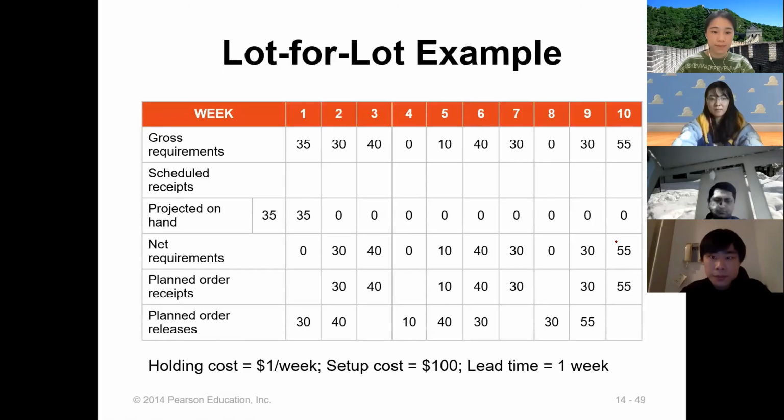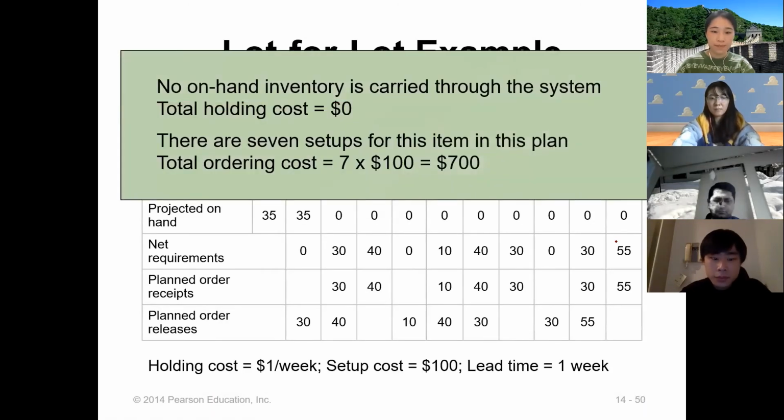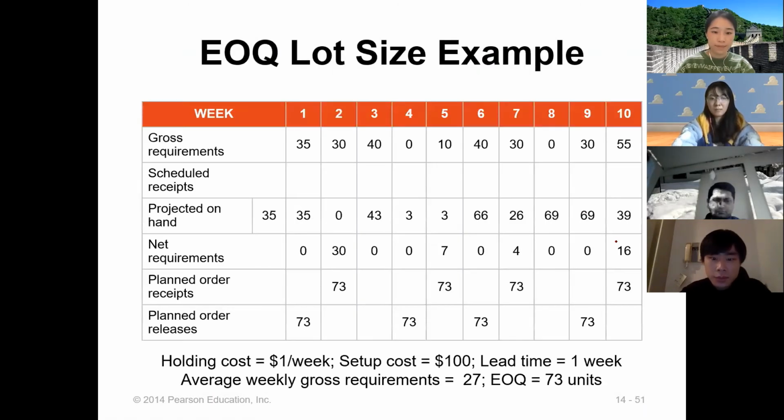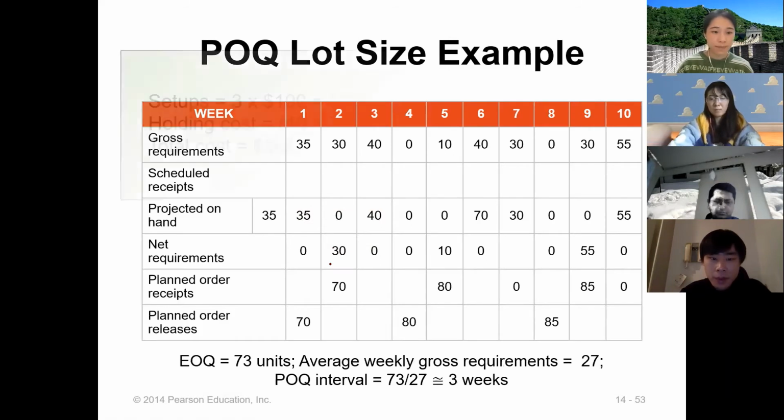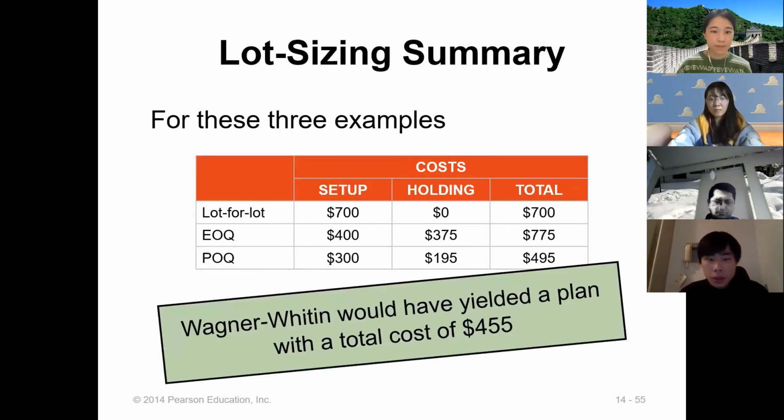It becomes a little more complicated because it looks into different planned order receipts depending on the lot sizes. Lot size means how much you produce in one production run in order to minimize the cost. So what you do is compare the different setup and holding costs for different schemes: lot for lot, EOQ or POQ.